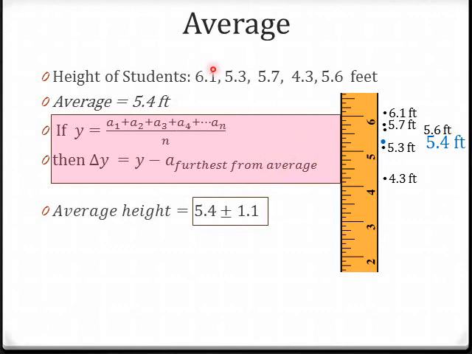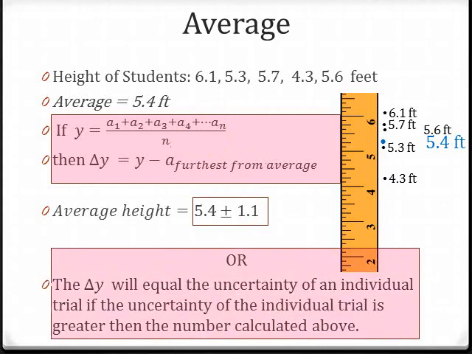So if my measurement of 6.1 has an uncertainty of 2 feet, then I'm going to change this value to 5.4 plus or minus 2 feet instead of 1.1 as calculated here. So the rule for average is this statement here, which is found in your pink sheet, or this statement here, which is also found in your pink sheet. It's either one or the other, and you just pick whichever one is biggest.